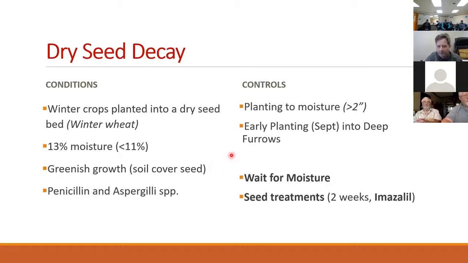I don't think too many of you in Phillips County are with winter wheat. What people sometimes do is, because they want to plant, you lose your patience and you want to plant early because your yield potential goes down as time goes on. And so people will try to plant to moisture, and that's fine.